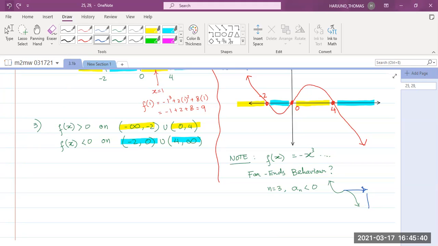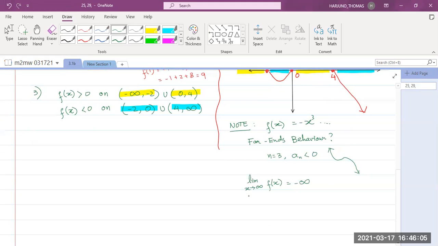Our textbook actually uses a more precise notation. Our textbook will say, okay, the limit as x goes to positive infinity of f(x) is negative infinity. Or at times, our textbook uses: as x goes to positive infinity, f(x) goes to negative infinity.